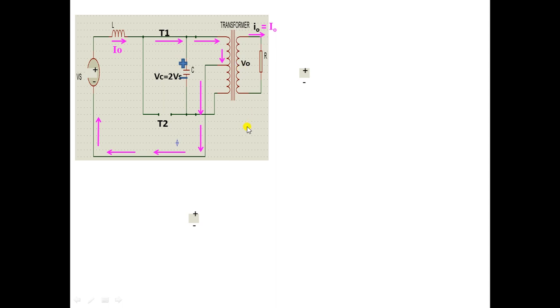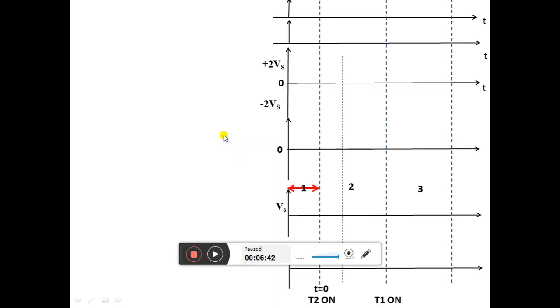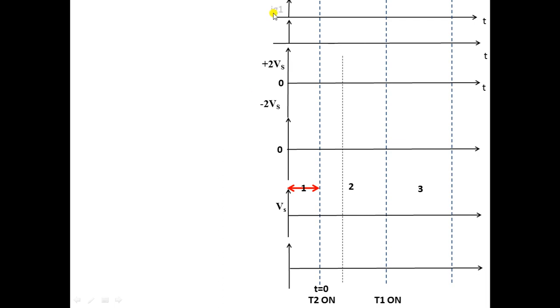Now let us see how the graph looks like. How are the waveforms looking like? So these are the waveforms. This first waveform is to show gate trigger pulse for thyristor T1. This is for gate trigger pulse of thyristor T2, that is Ig2. This waveform is to show the voltage across capacitor, that is Vc with respect to time.